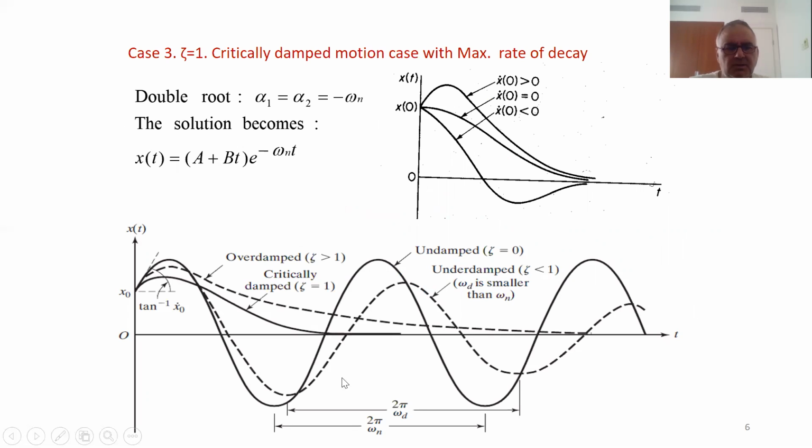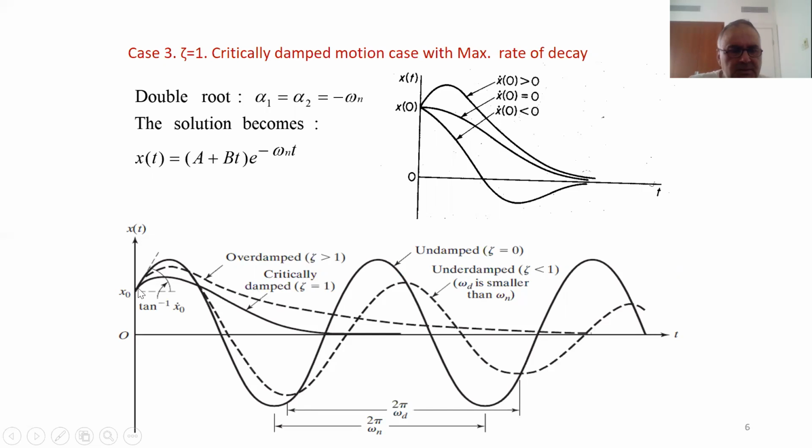Now, if you look at it, the underdamped case oscillates like this. Another underdamped case, in which the damping is higher, has oscillations that die out quickly.